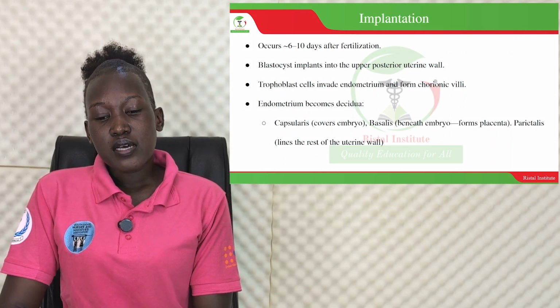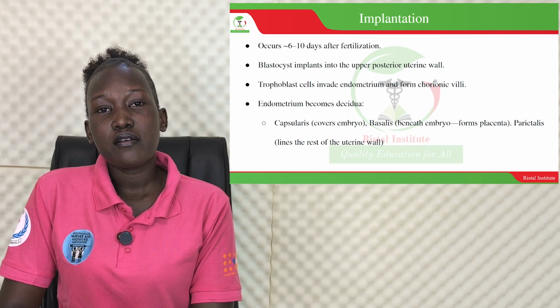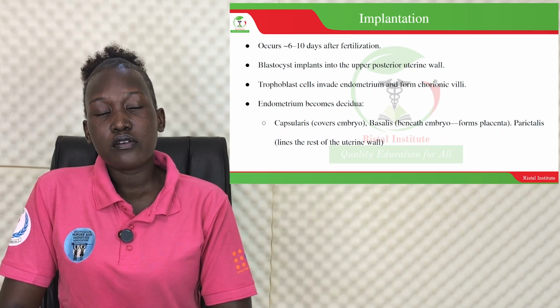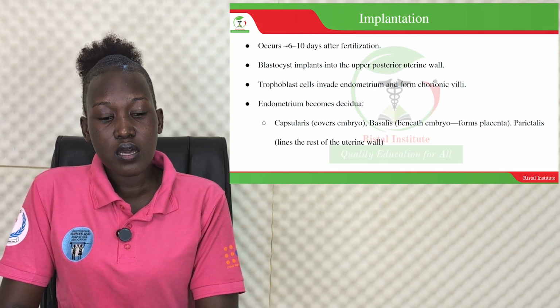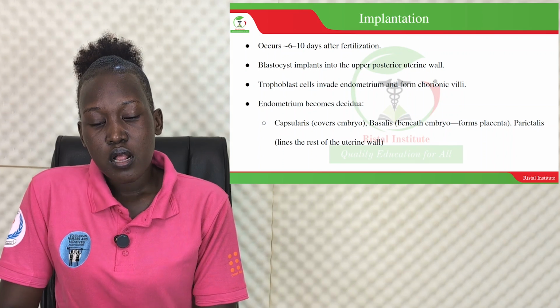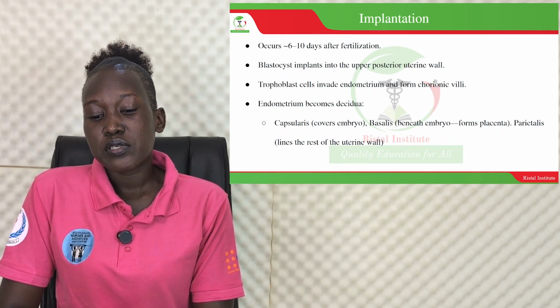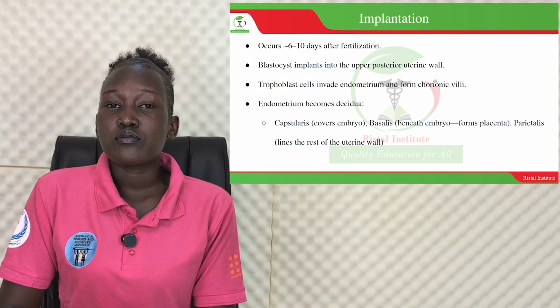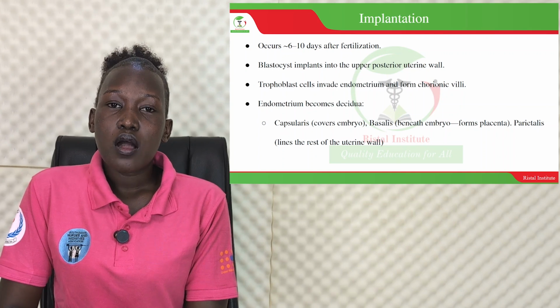So this decidua has about 3 layers, or the endometrium at that time will have 3 layers. One of which is decidua, now we call it decidua capsularis, which covers the embryo. Then we have decidua basalis, which is beneath the embryo and is the one that forms the placenta. Then we have decidua vera.